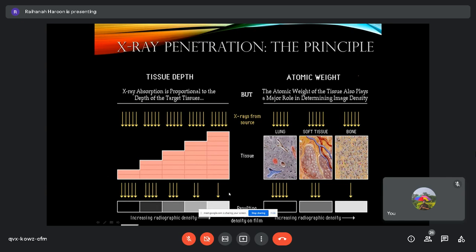So when we compare these two images, the soft tissue of the hand is very much loosened as compared to the soft tissue of the abdomen. There's a lot of soft tissue in the abdomen.